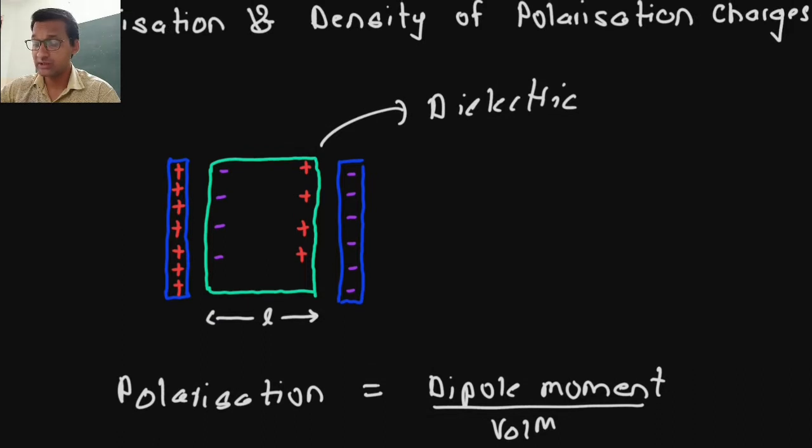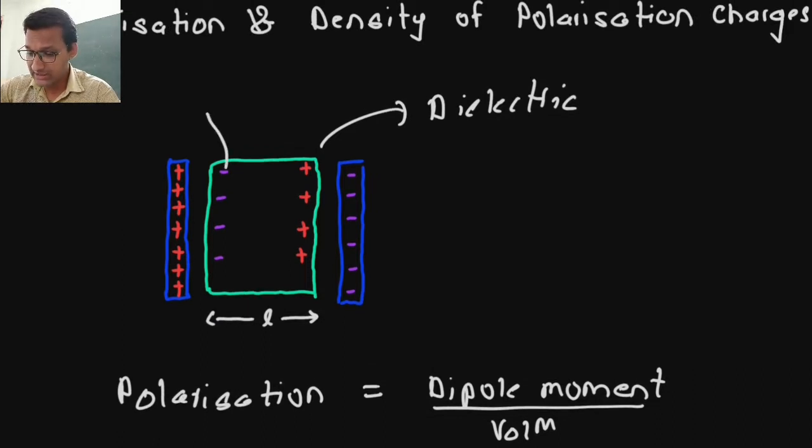Once we introduce this dielectric, the charges will be there on the surface. These are polarization charges, denoted by Qp. Try to understand this differentiation. There will be polarization charges, or induced charges, and there will be free charges.